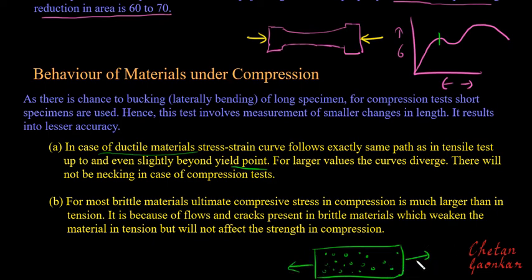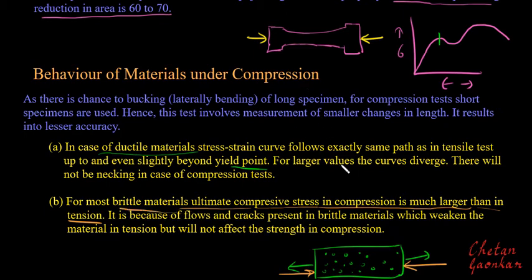But if we subject it to compressive loading, its strength will definitely increase. It will be very large compared to the tensile loading. So for most brittle materials, the ultimate stress in compression is much larger than in tension, because of these small defects and voids present inside the brittle material.